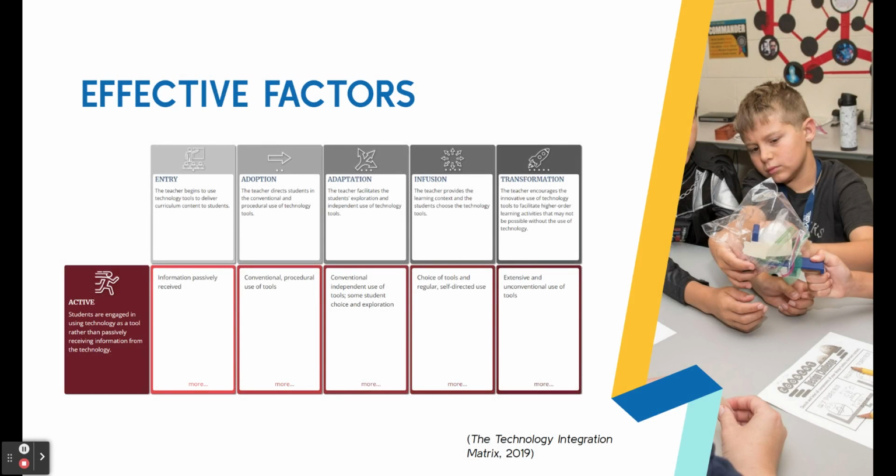Here's an example of how the matrix works. Let's say I want to look at what the student and teacher role is at the technology level of transformation within an active learning environment. On the TIM website, I can click on the highlighted box to see descriptors.